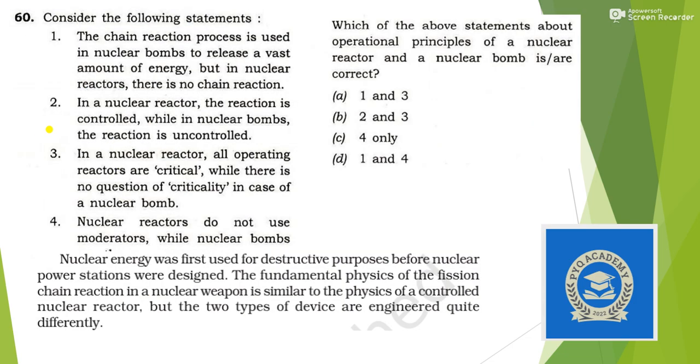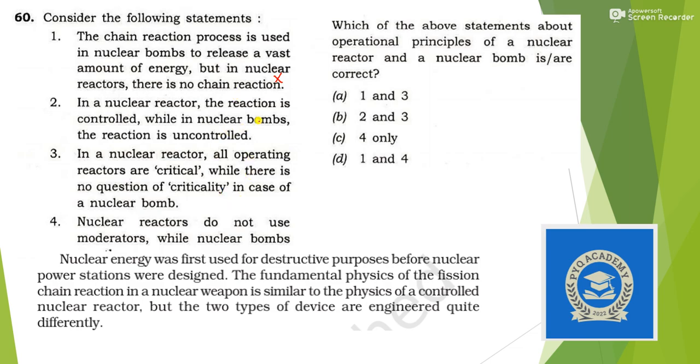Next question, a very lengthy one but an easy one. You just need to know the concept of nuclear fission or fusion. Let's read the statements. The chain reaction process is used in nuclear bombs to release a vast amount of energy, but in nuclear reactors there is no chain reaction. No. In both nuclear reactors as well as bombs, chain reaction follows.